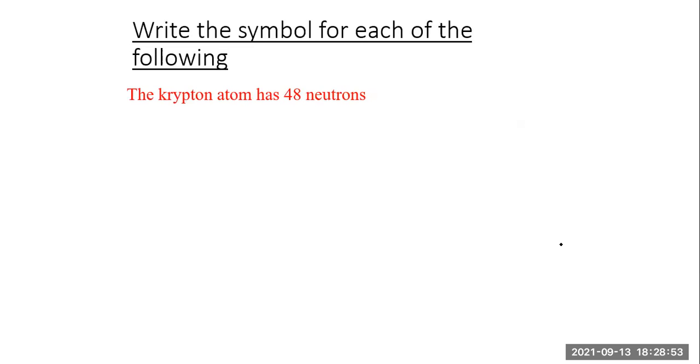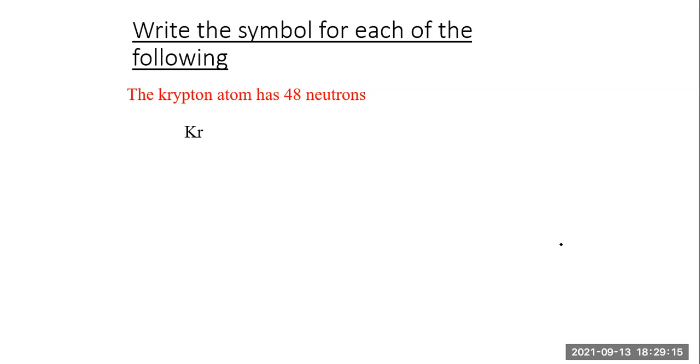So let's take a look at this one. A krypton atom has 48 neutrons. What we would want to do is look on the periodic table for krypton, which is Kr. When you look at the periodic table, you should look above the symbol, and that will give us our atomic number.